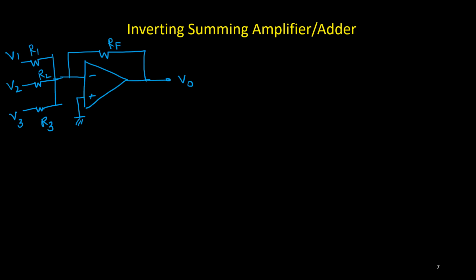Right? Now whenever you find more than one input voltage, try to use the superposition principle. It will help you. But in this case, without the superposition principle also you can find it out. First I will consider that, then I'll give you the idea of the superposition principle.